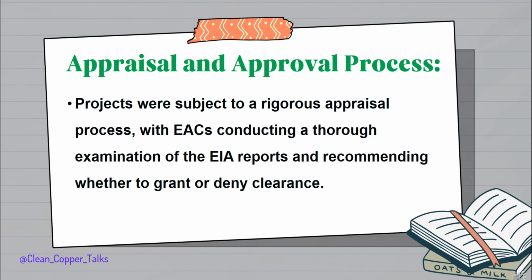Appraisal and approval process. The projects were subjected to a rigorous appraisal process with the expert appraisal committee conducting a thorough examination of the EIA report and recommending whether to grant or deny clearance.